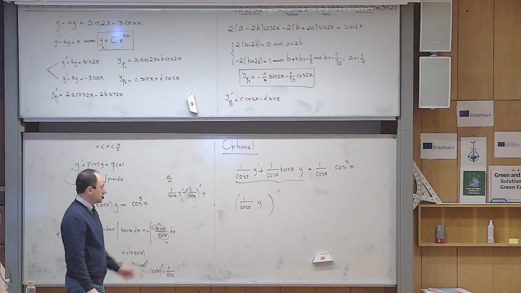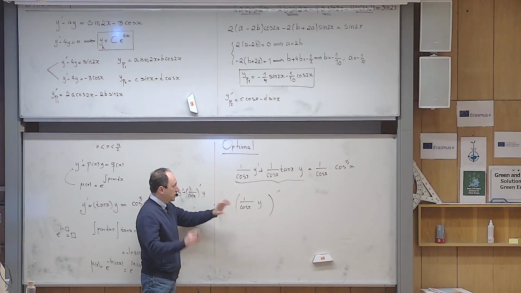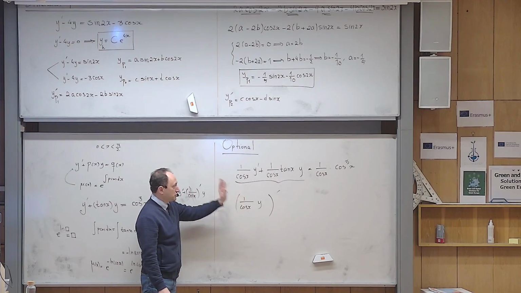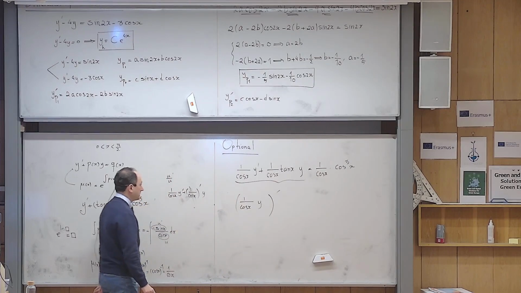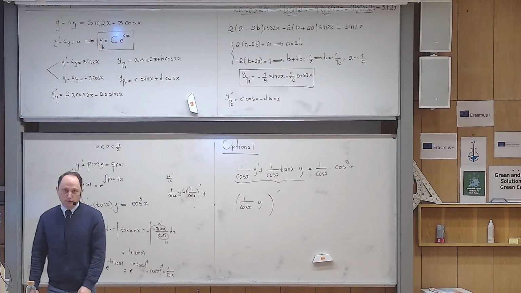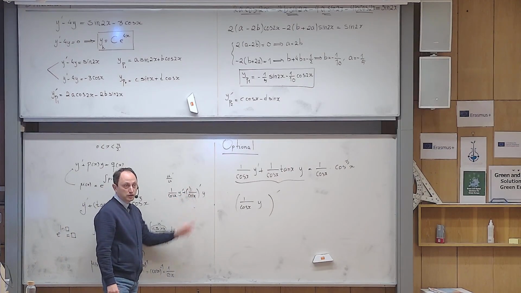Yes? Now I am trusting my calculation, so I know that this should be this one because I solved it in general. But let us double check. If I ask you what is the derivative of 1 over cosine, what is that in Math 4? What is the derivative of 1 over cosine?